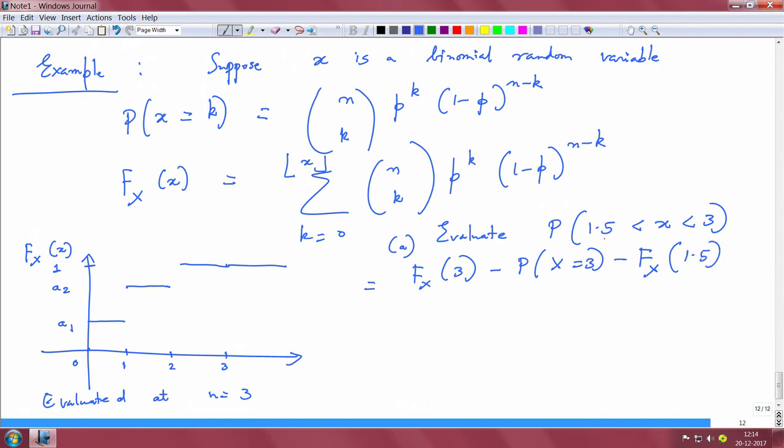So, this would be 1 minus the probability that X equals 3, which you can compute, minus F_X of 1.5, which is this quantity A2, reading off from this plot. This is how you would actually compute using the probability distribution function.